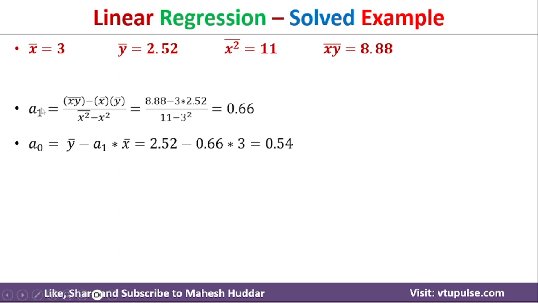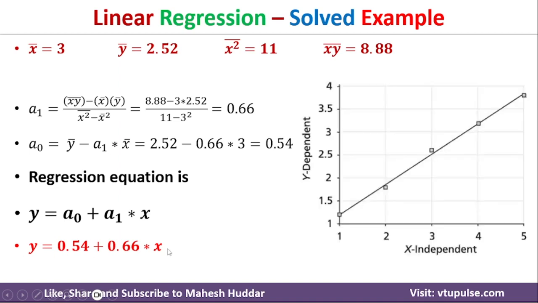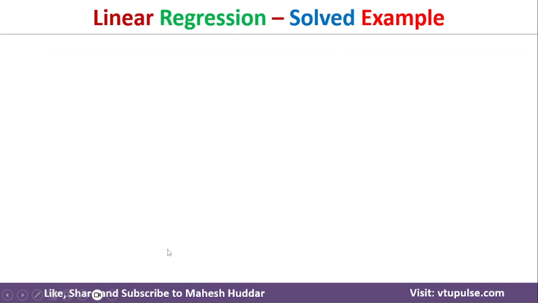Once you know the values of a0 and a1, we know the equation for linear regression, that is y equals a0 plus a1x. a0 is known to us, a1 is known to us. The linear regression equation becomes y equals 0.54 plus 0.66 multiplied by x. Once you get the equation, we need to predict the values for different dependent variables.